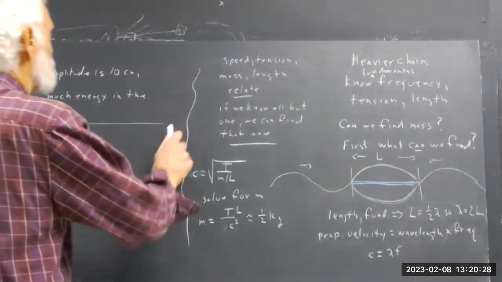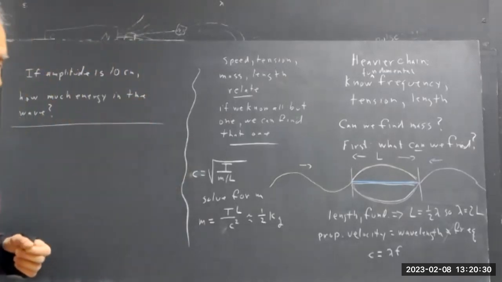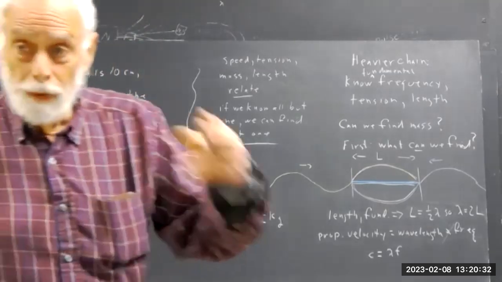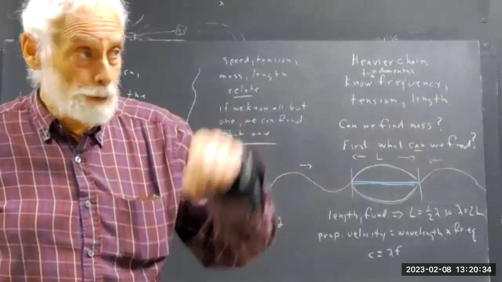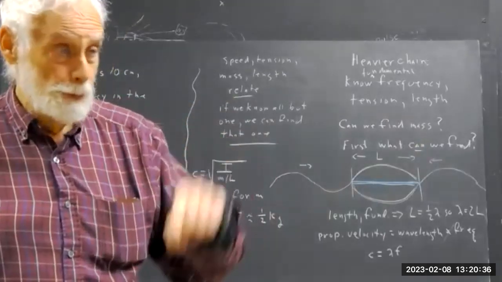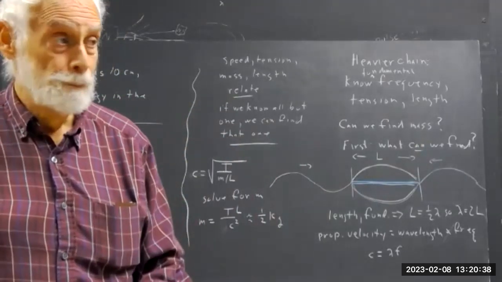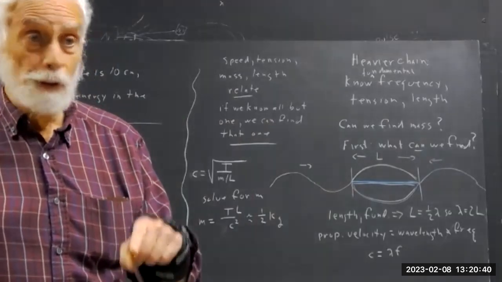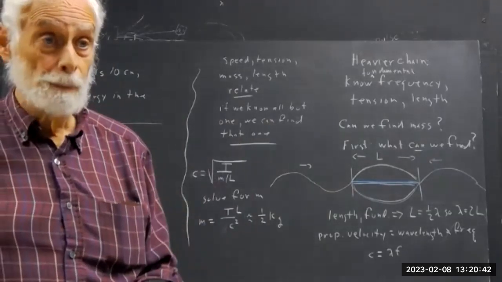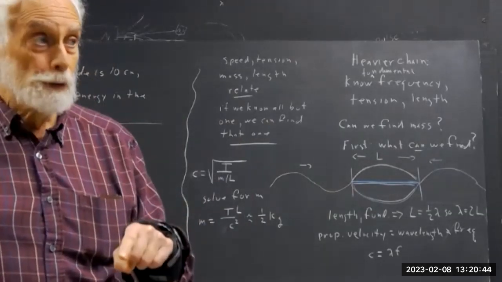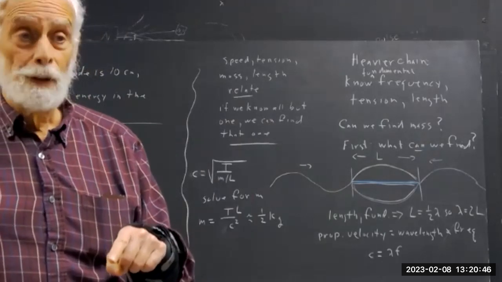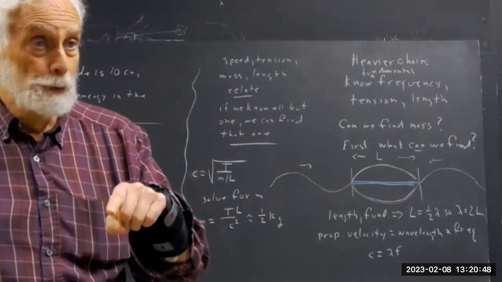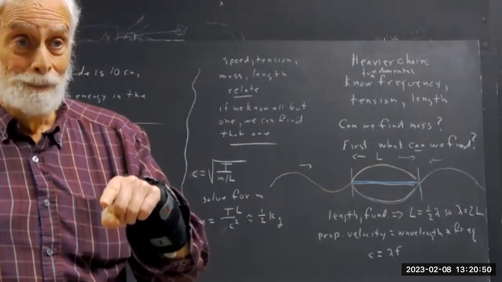Okay, so what we've said so far is that in a traveling wave, every particle undergoes simple harmonic motion with the same frequency and the same magnitude. So the total energy is just the total energy of that simple harmonic motion. And that total energy is just the kinetic energy when it goes through its equilibrium position.